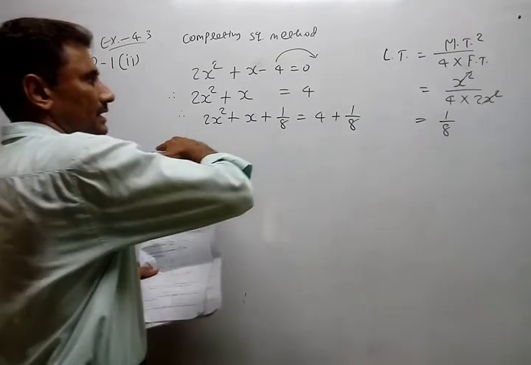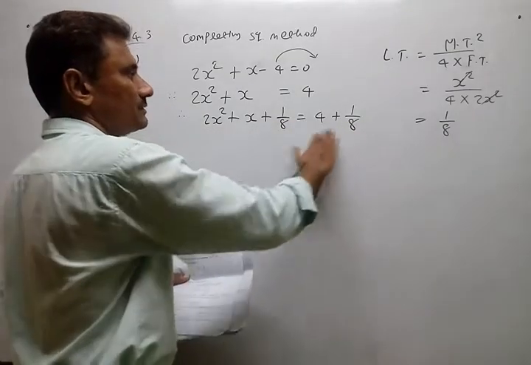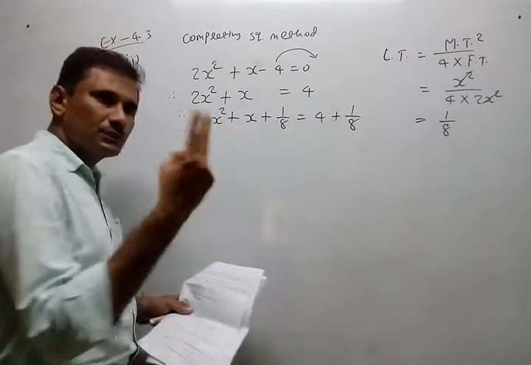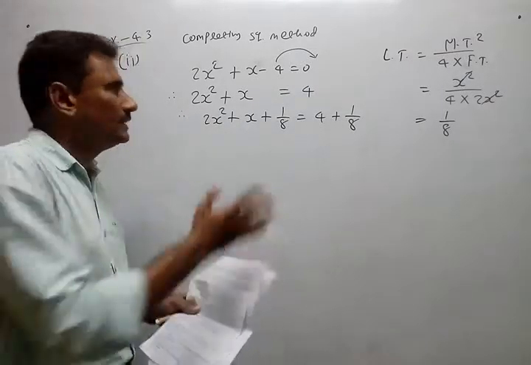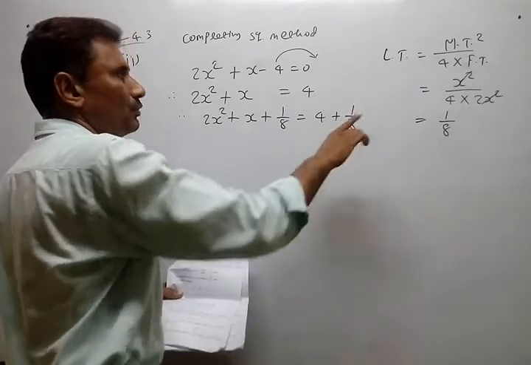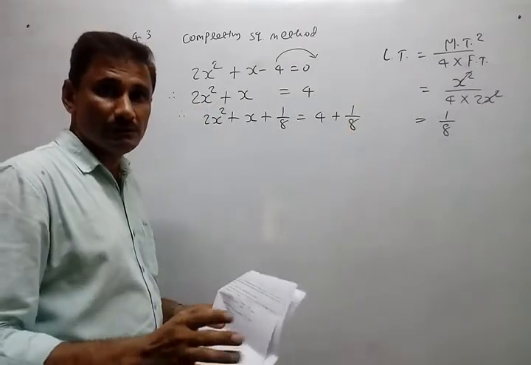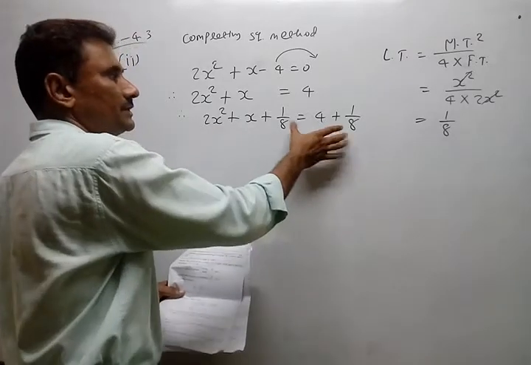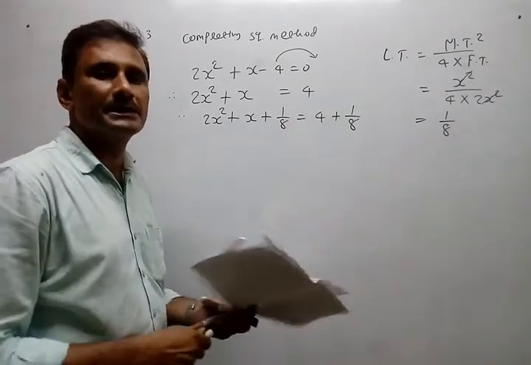How? By multiplying the whole equation by 8. You can take the LCM also, but it takes two steps. It is easier to multiply the whole equation, meaning both sides, all terms, by the same number, 8.